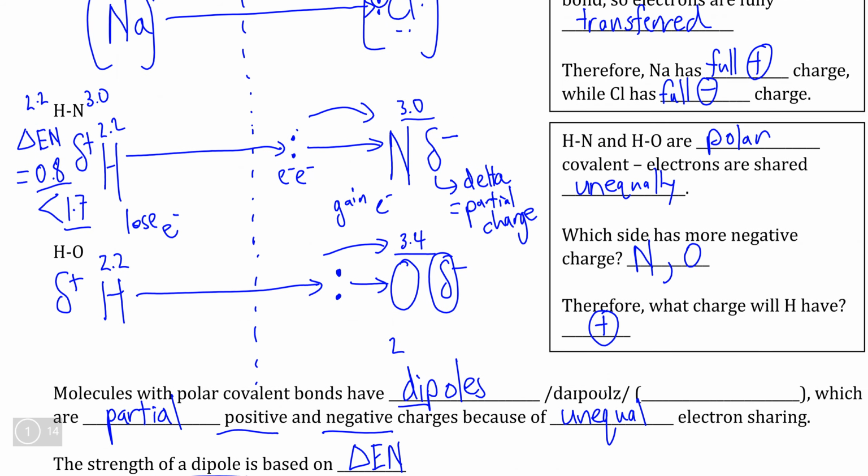For example, if we go up here, we see that the difference in electronegativity between nitrogen and hydrogen is 0.8, but the difference in electronegativity between oxygen and hydrogen, 3.4 minus 2.2, is 1.2. What this means is that the electrons in the bond are going to get closer to oxygen than they are to nitrogen, and because oxygen effectively has these electrons closer to it than nitrogen does, its negative dipole is going to be stronger than nitrogen's is.